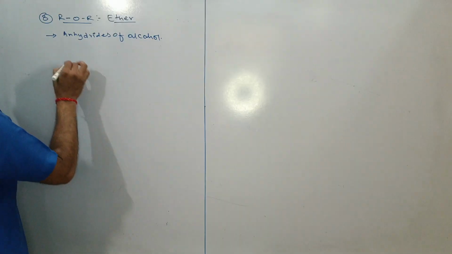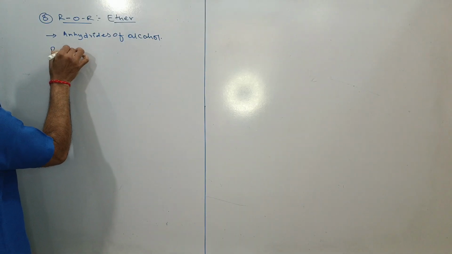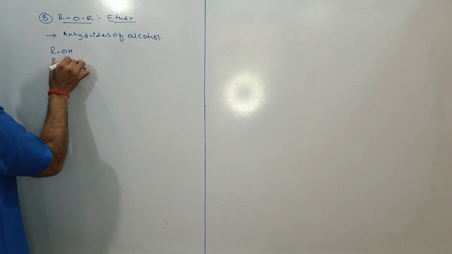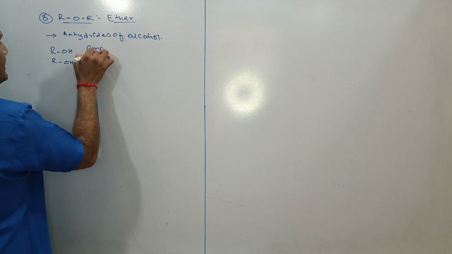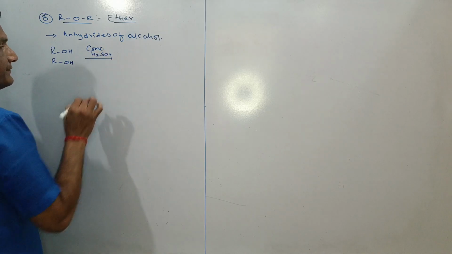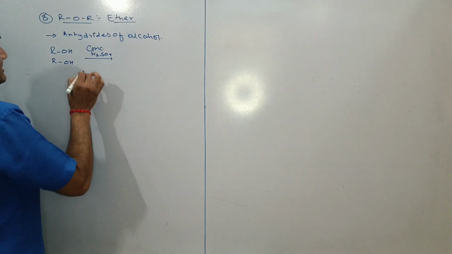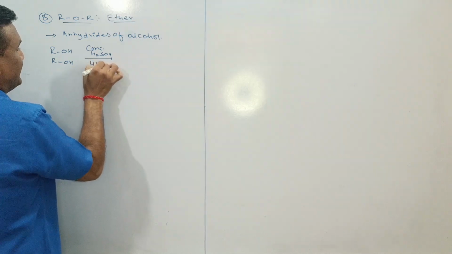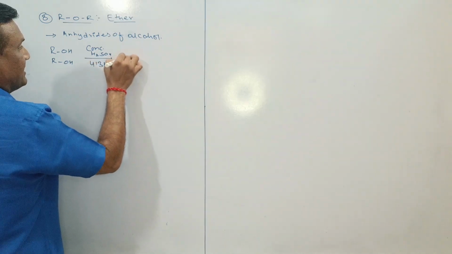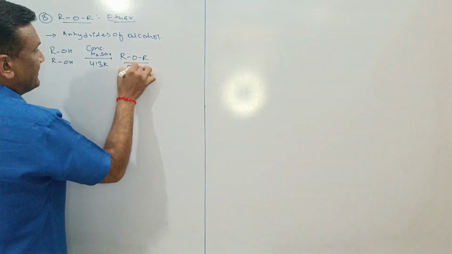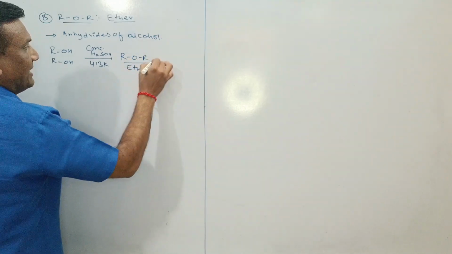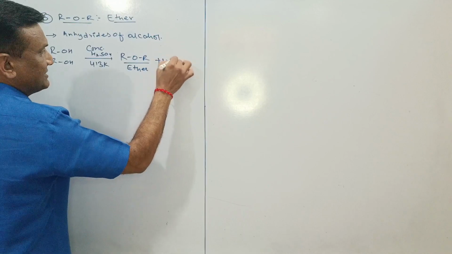Why? Because if there are two molecules of alcohol like ROH and ROH, and here is the presence of concentrated H2SO4, and the temperature is very important, that is 413 Kelvin, then there will be formation of ROR as an ether, and there will be formation of H2O.